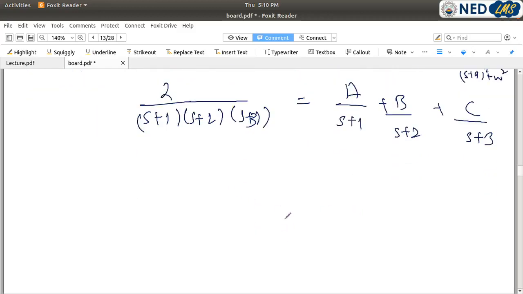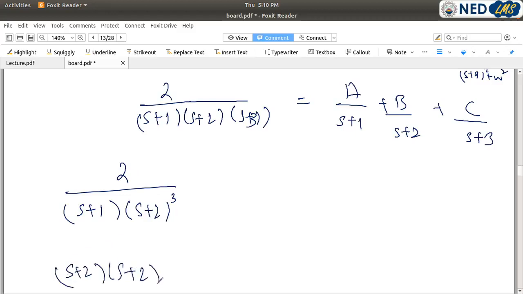What I am trying to say is, let's say here we have 2 over s plus 1, s plus 2 cube. So s plus 2 can be written as s plus 2 into s plus 2 into s plus 2. So we have 4 roots in the denominator, so we will write 4 partial fraction terms.